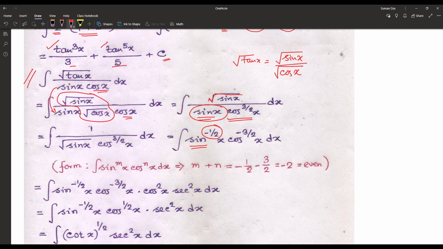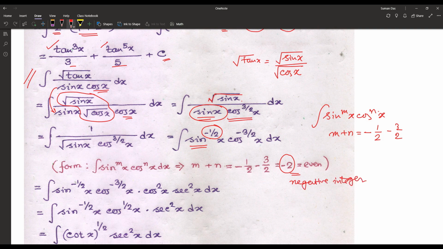So once again the form is looking like sin to the power m x into cos to the power n x, where m plus n is equal to minus half minus 3 by 2, that becomes minus 2, and that is a negative integer.